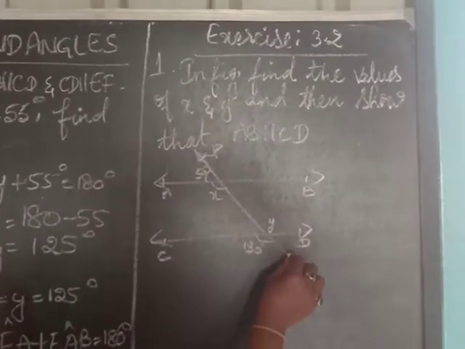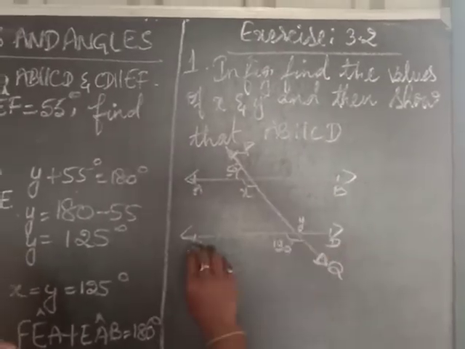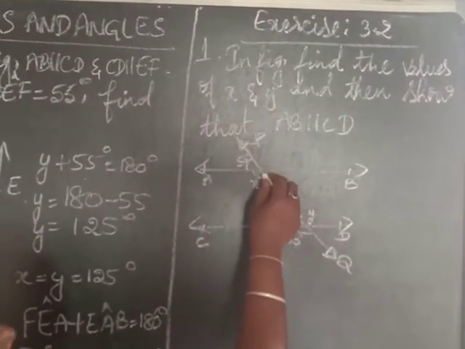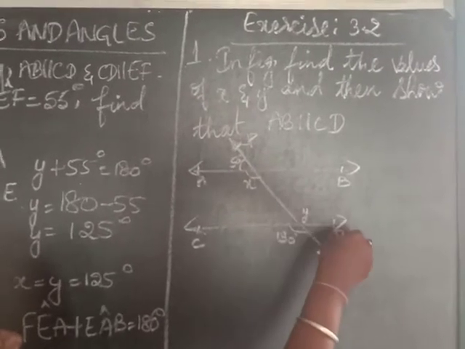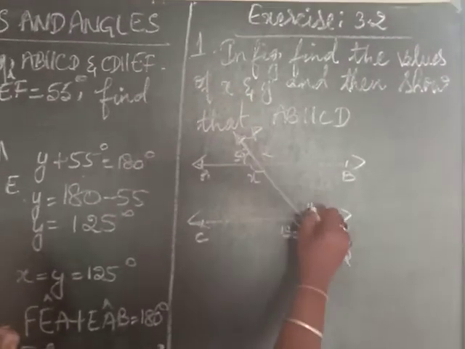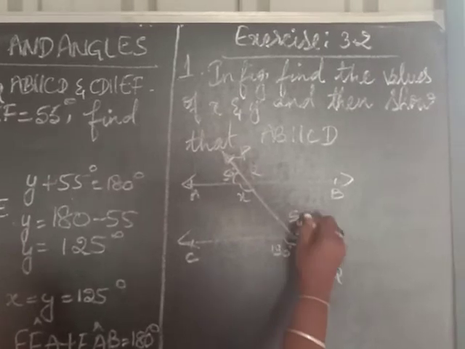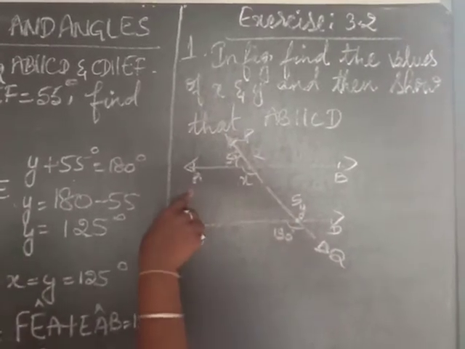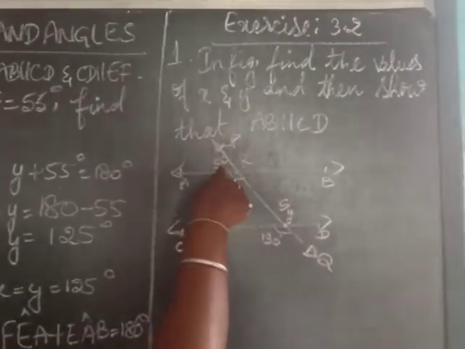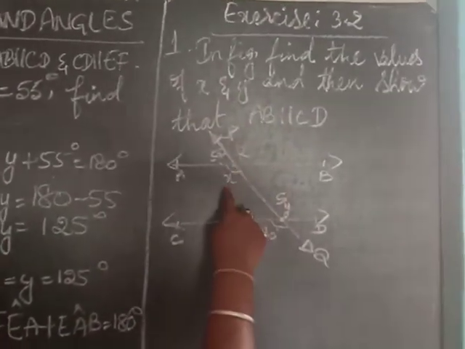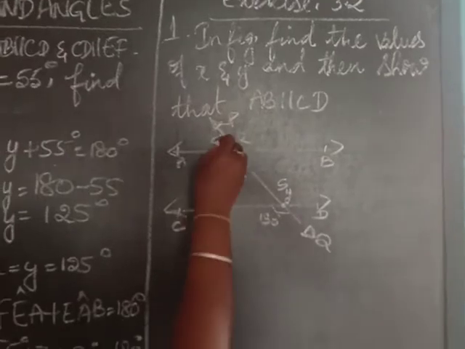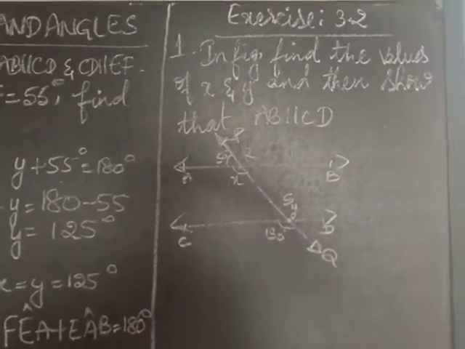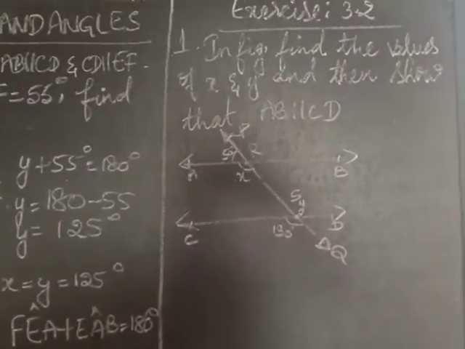So AB is parallel to CD. Angle they have given here, let us take this point as R. This is angle PRA. They have given 50 degrees and we have to find out x and y. So let us find out this one. We know the properties when parallel lines and a transversal are present.